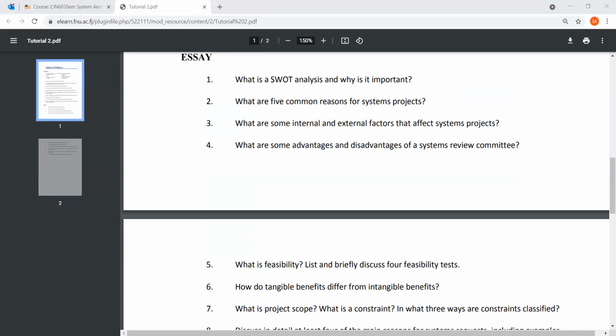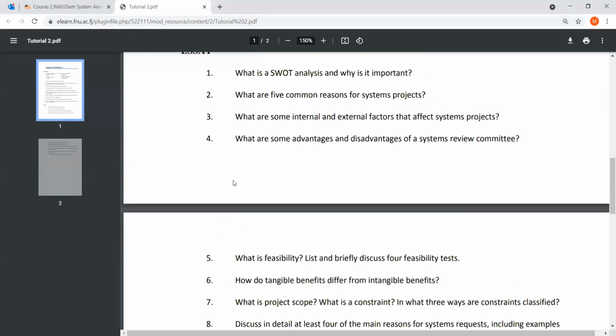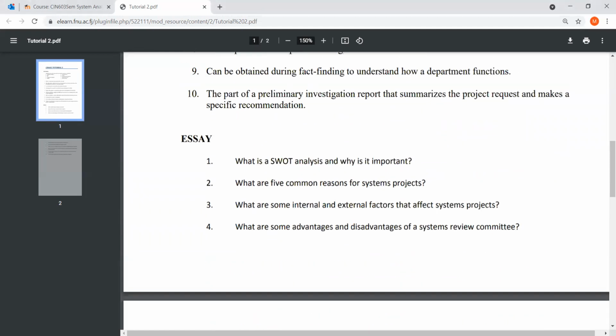It just says what are, it doesn't say describe, so we'll just list it down. I think you have a question at the bottom, number 8, which will ask you to reason it out. So we list it down and the reasons we'll give later.